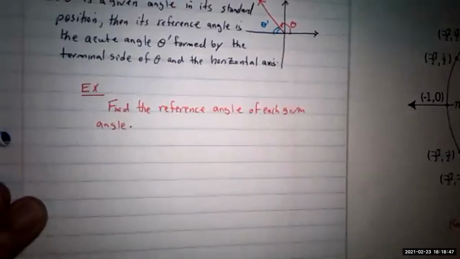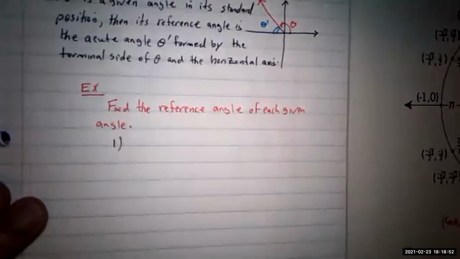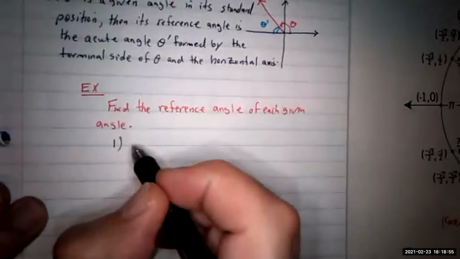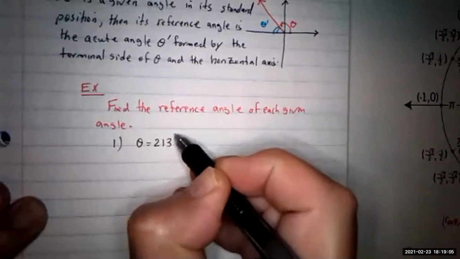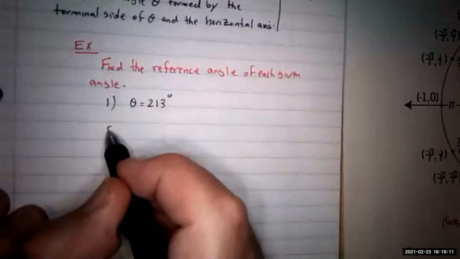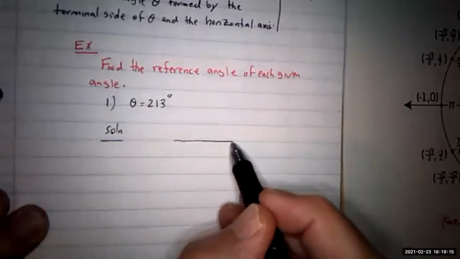The first one, for example: we want to find the reference angle of theta equal to 213 degrees. Okay, 213. This is the solution. You can graph it to see it.